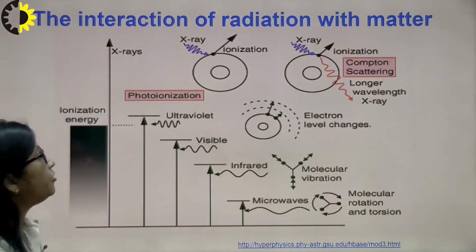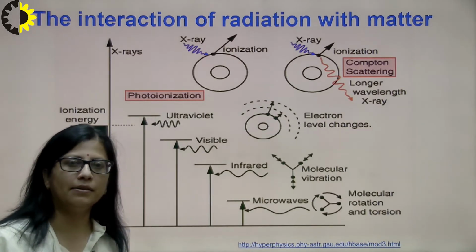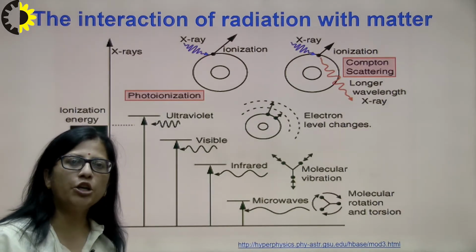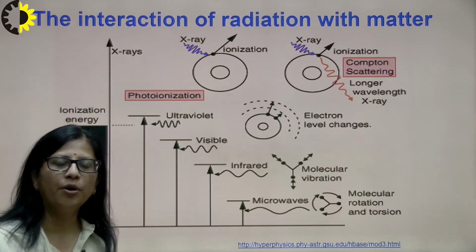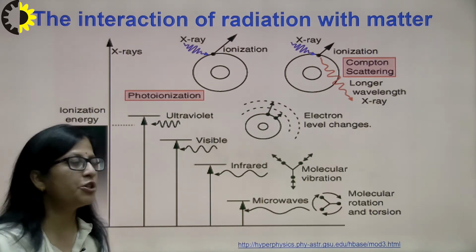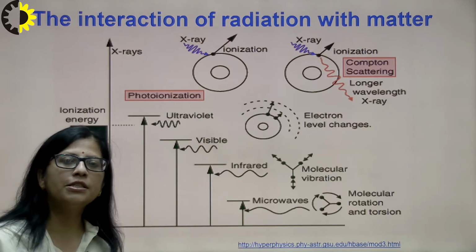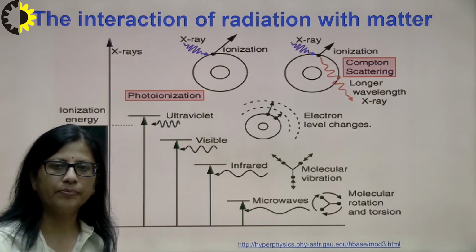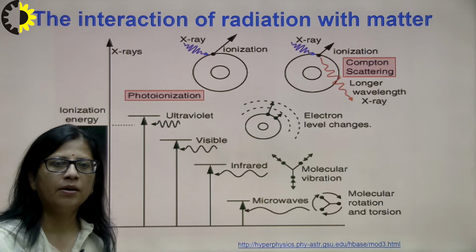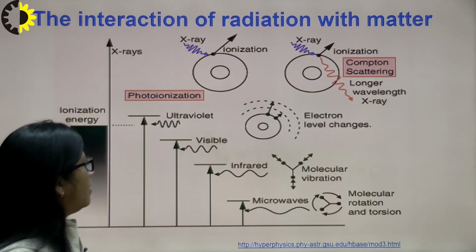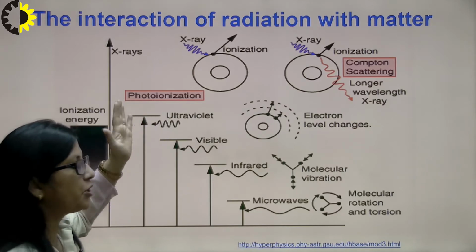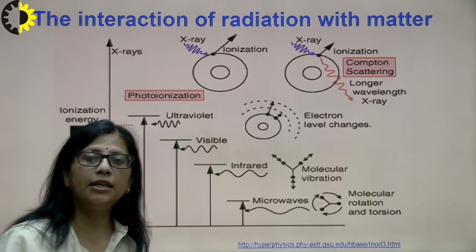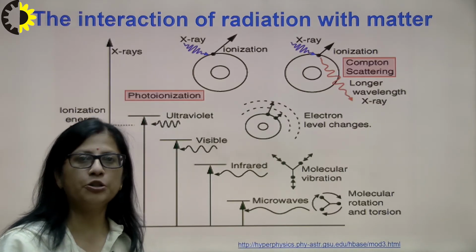Now, the interaction of radiation with matter. Different radiations interact differently with matter. For example, the X-rays are able to cause ionization. Then the ultraviolet radiations can excite the electrons, and we can study the pi electrons.